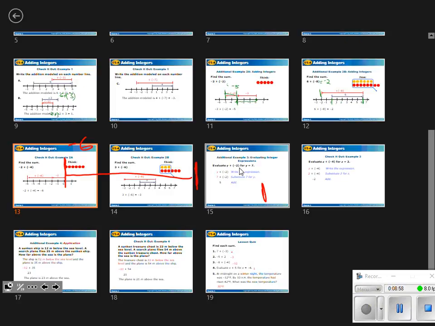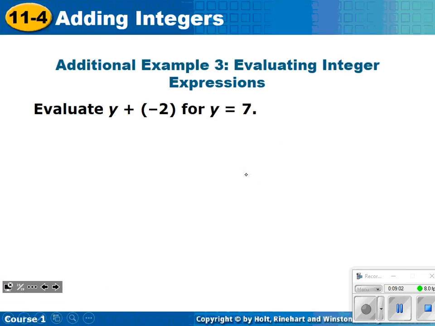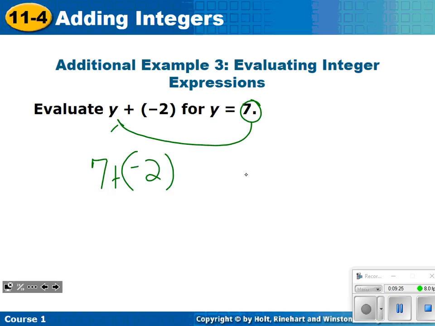Okay, now, other problems. You're going to run into stuff like this. Remember this? Evaluate y plus -2, and then it says y equals 7. All we got to do, remember, is we take this 7 and we plug it in here for y, so my problem is actually 7 plus -2, which is 5.